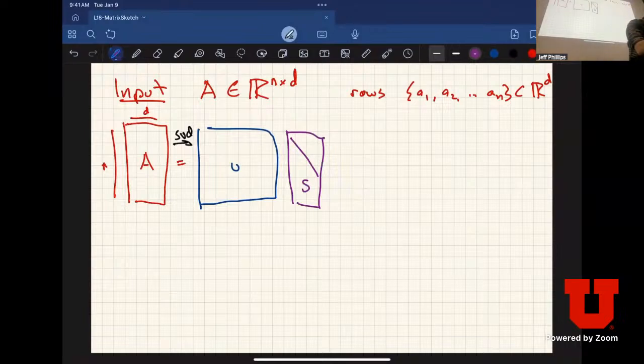And then you have another orthogonal matrix transpose, V transpose here, right? And so now review the columns of U. Okay, so this is a left singular vector.